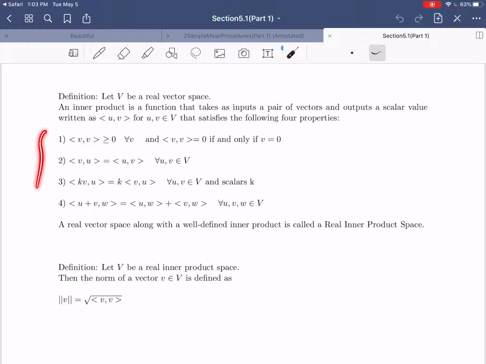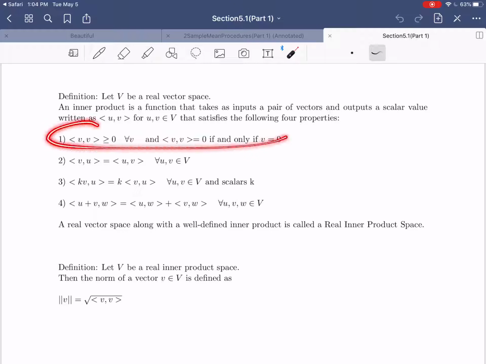Okay, so what are the four properties that must be satisfied to actually count as an inner product? Well, the first one is that the inner product of a vector with itself must always be greater than or equal to 0. So in other words, whenever you do an inner product of a vector with itself, you must always get a non-negative scalar. Furthermore, the only vector whose inner product with itself equals 0 is the 0 vector.